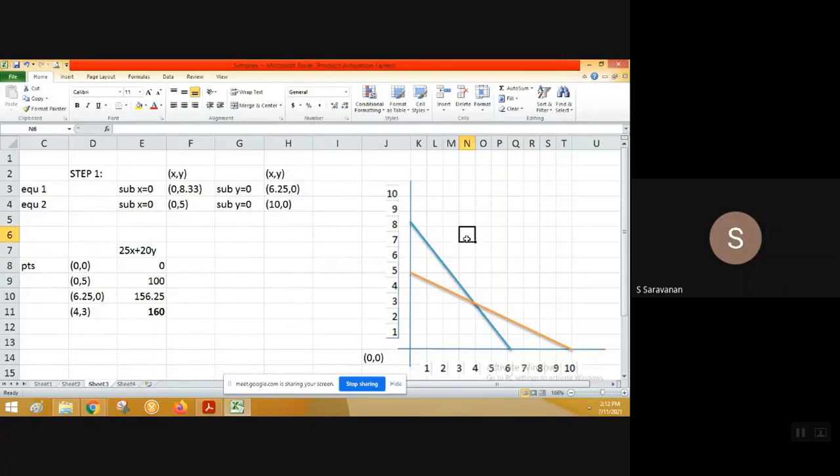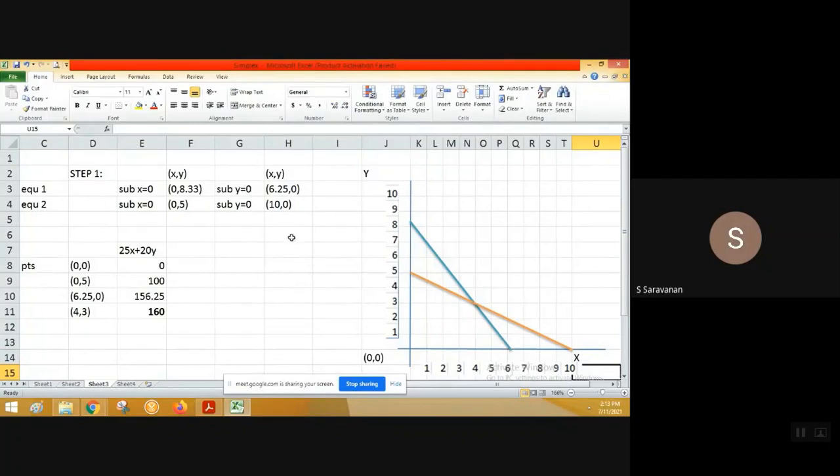Have you drawn the graph, or have you just taken a note of how the graph is being drawn? So this is the y-axis. This is the x-axis. Fine. The first equation, 0, 8.33 and 6.25, 0, is this blue line.